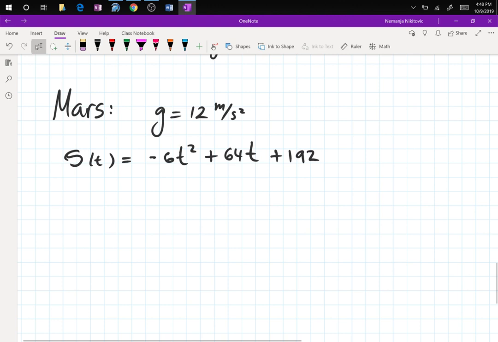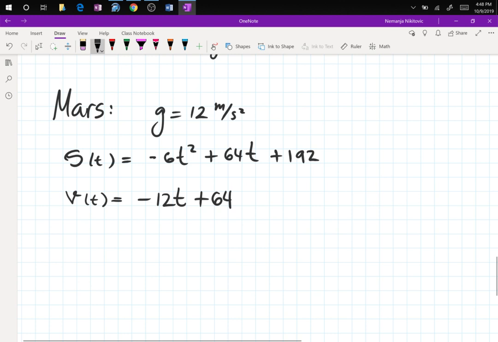And we want to find the functions, and then we want to find the max height. So we calculate the velocity by taking the derivative, which is negative 12t plus 64. We already know that acceleration is going to be negative 12 because when you take a derivative, right, it works out for the gravity of negative 12.